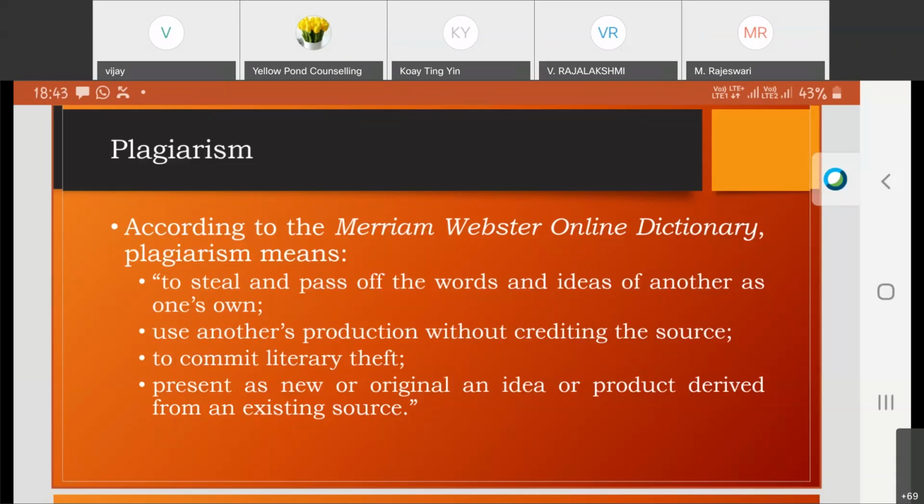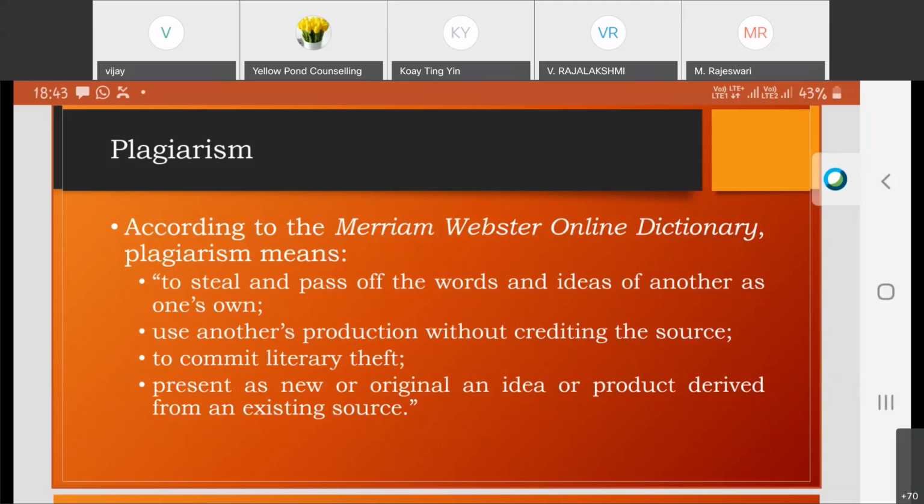Some other causes we have are lack of education at the undergraduate level regarding plagiarism. I'm damn sure about that. At the PG level, students may have certain knowledge about plagiarism: what is plagiarism, how it works, how it is associated with our research work. But what about the undergraduate level?